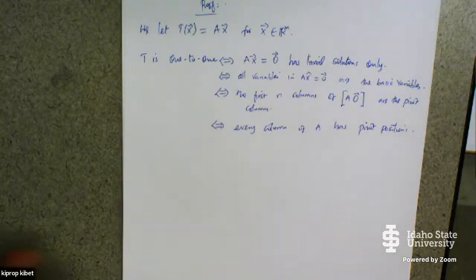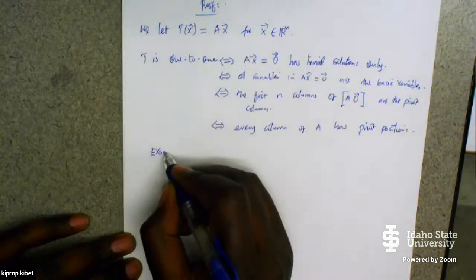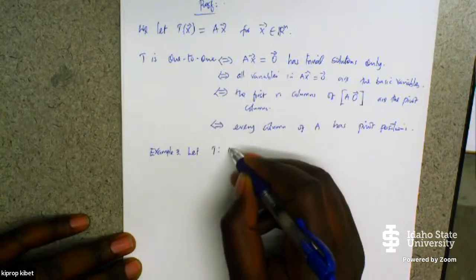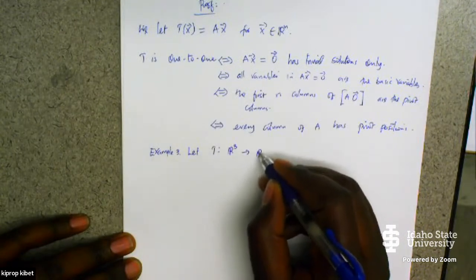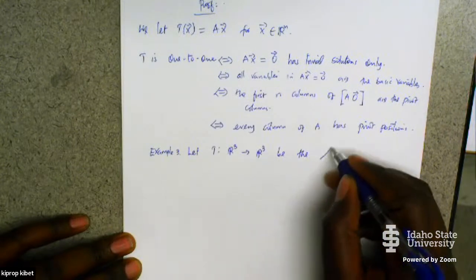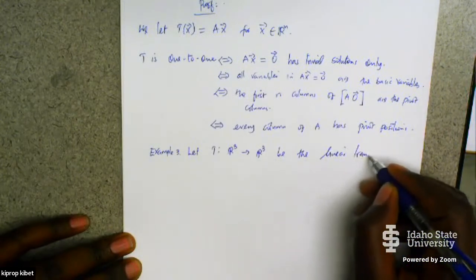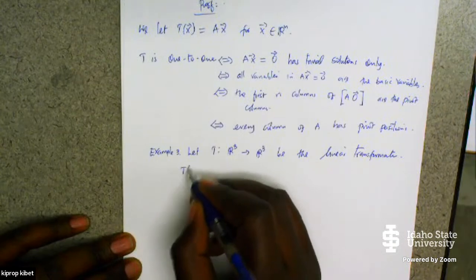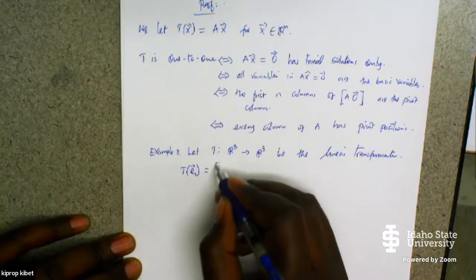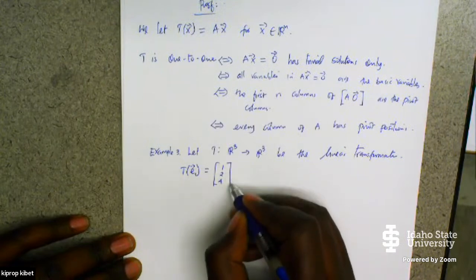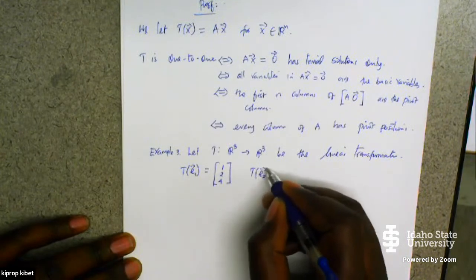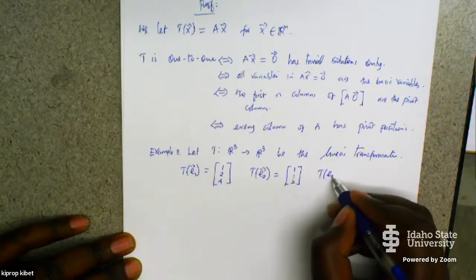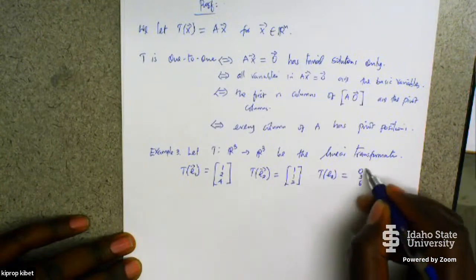Okay, let's look at an example, example number 3. We let T from R3 all the way to R3 be the linear transformation. We have T of E1 equal to 1, 2, and 4. T of E2 equal to 1, 1, and 2. And then T of E3 equal to 0, 3, and 6.